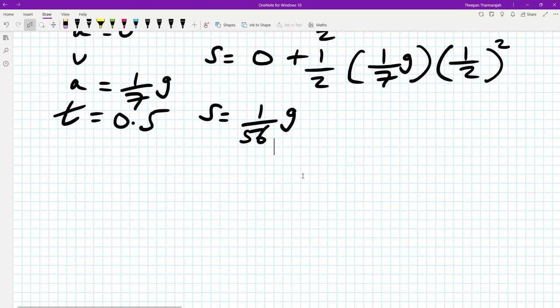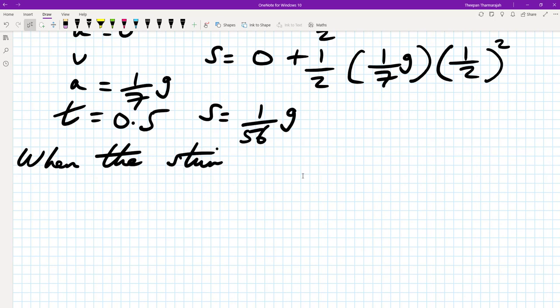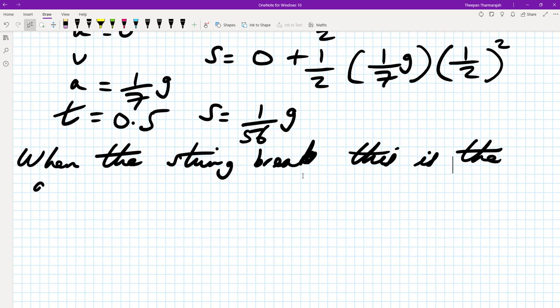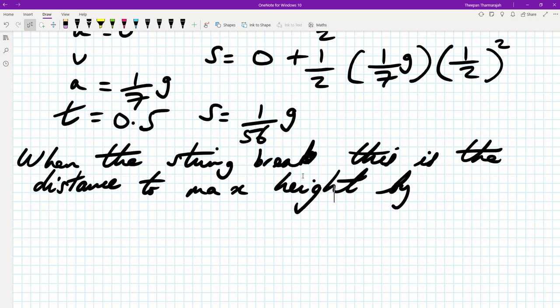So I'm going to say when the string breaks, this is the distance to maximum height by B. Again, we're going to use SUVAT. And it's particle B we're talking about here. We're taking upwards as positive.